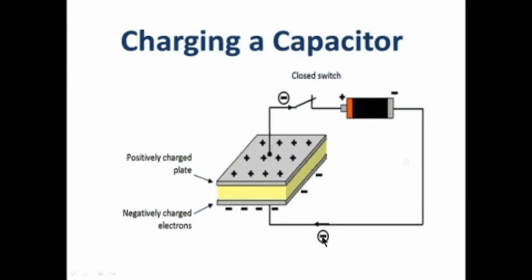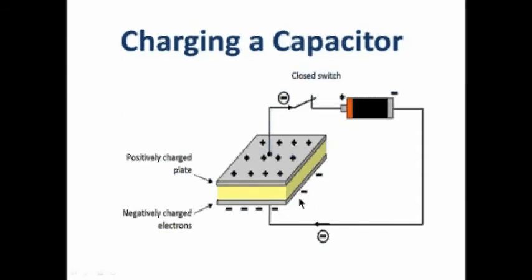This electron flow carries on until the voltage between these two plates is equal to the voltage of the battery. So if this is just a 1.5 volt battery, this current will flow until this voltage reaches 1.5, or very near the 1.5.